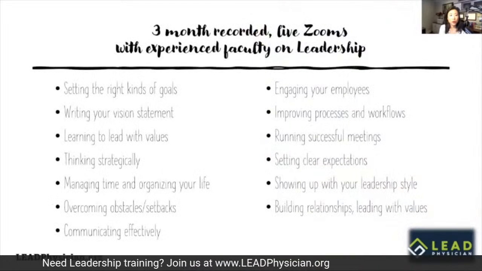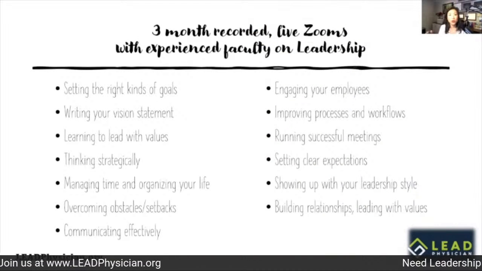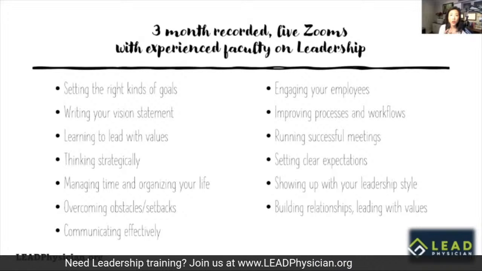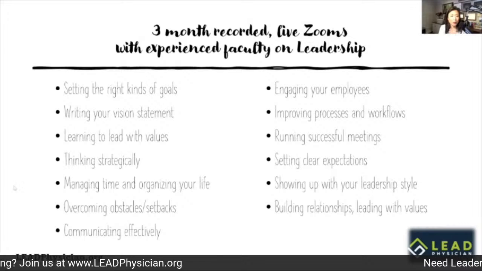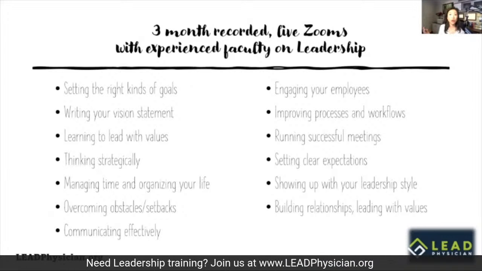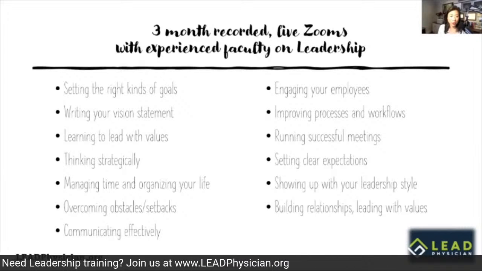We're going to be showing you how to set goals, how to set a vision, how to be in alignment with your organizational vision, but also your personal vision for your office, and writing out that statement so that it's in the forefront of your minds. You know what you're going to achieve. What are the right kind of goals to set? How do you lead with values? We talk about thinking strategically, which we often don't do. We're just like ants on the ground doing our work, and we don't think of the broad aspect of what we're trying to accomplish.